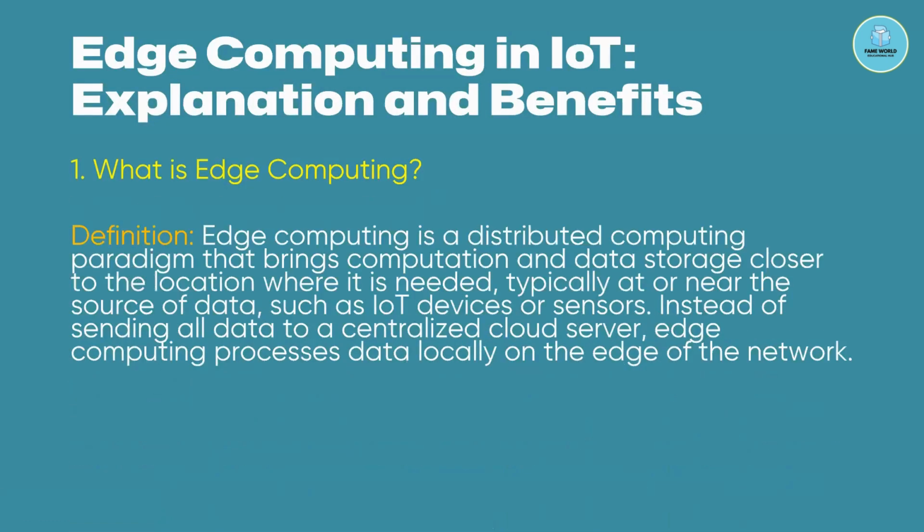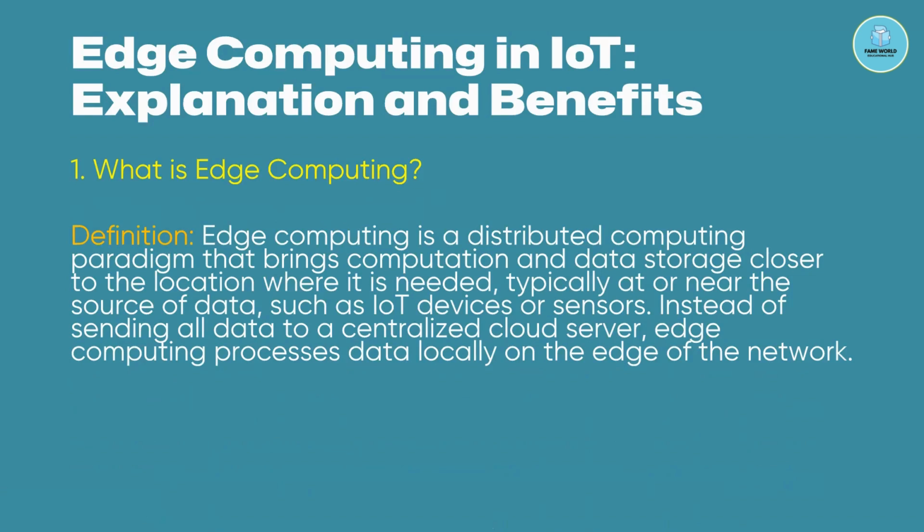Simply, edge computing is a distributed computing paradigm that brings computational power and data storage closer to the location where it is needed, because it's not necessary every time that they are together.